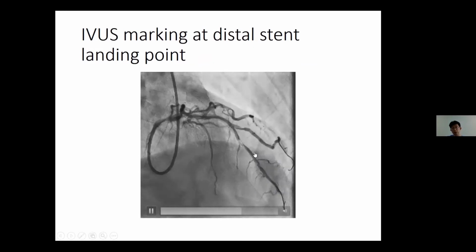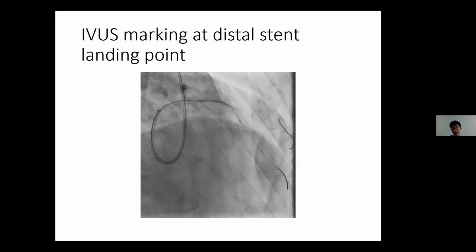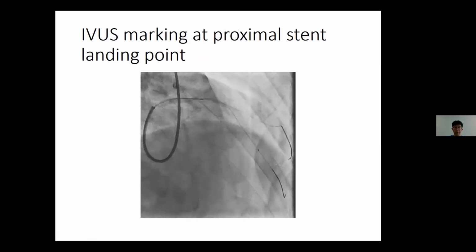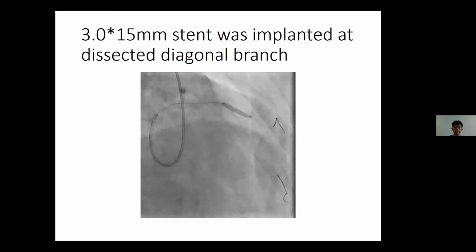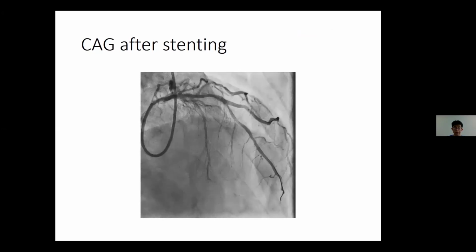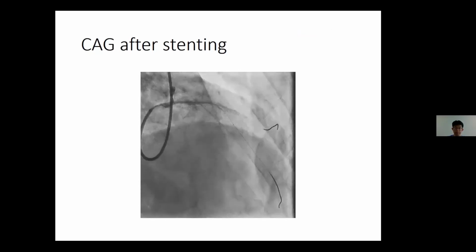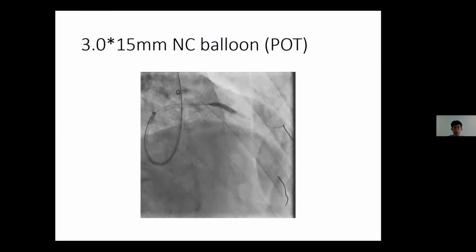It means we should put a stent in the diagonal branch. This is the IVUS marking at the proximal side. So a 3.0 by 15 stent was implanted at the dissected diagonal branch. This slide is the CAG after stenting. Then a 3.0 NC balloon for the POT technique.